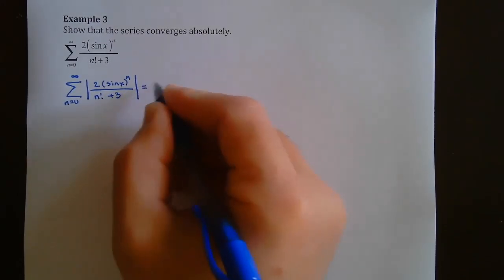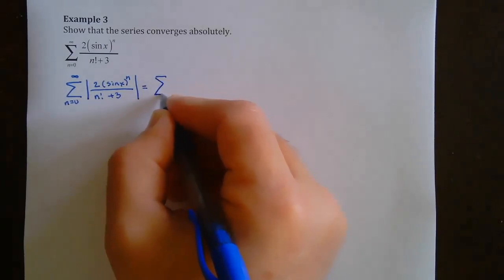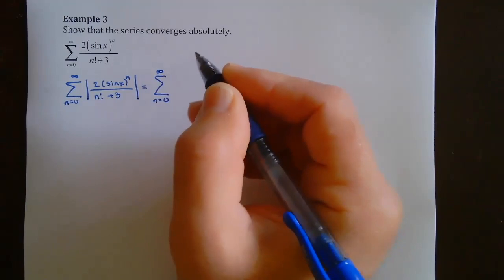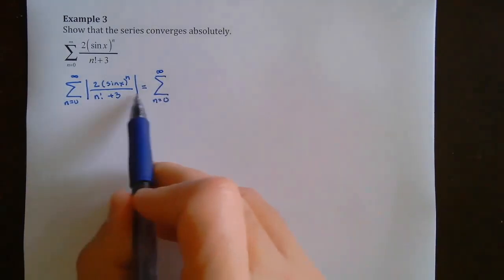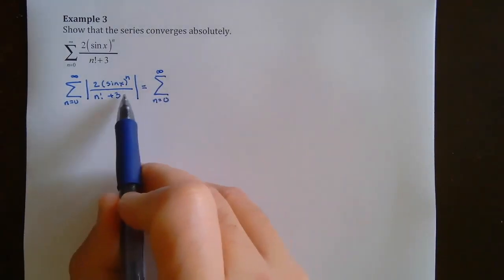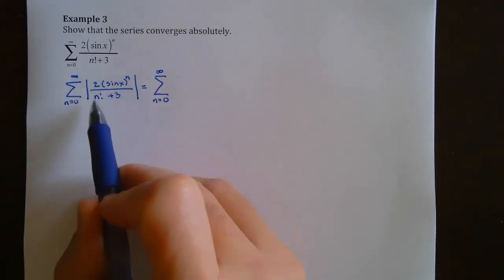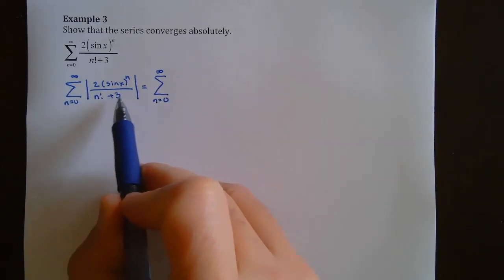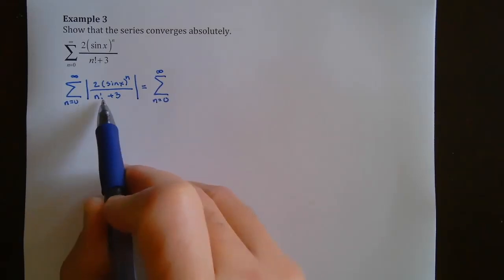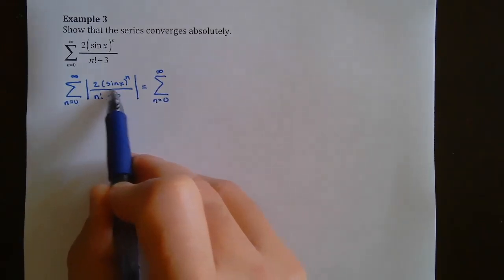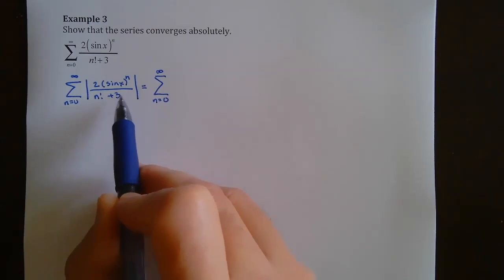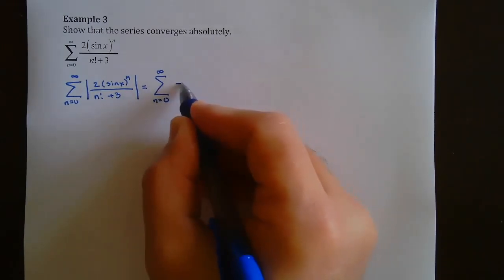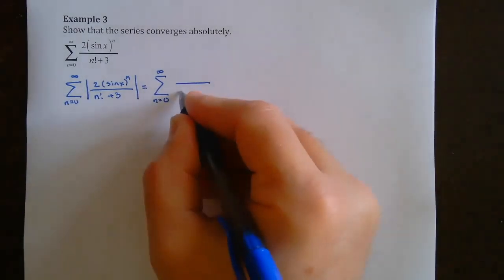Then that's equal to the sum from n equals 0 to infinity. Now when we take the absolute value of this, we take the absolute value of the numerator and the absolute value of the denominator. The absolute value of the denominator is n factorial plus 3. Well, n is starting at 0 and getting bigger and bigger, so this is always going to be positive. We really don't have to put an absolute value on the n factorial plus 3, so I'm going to write that without absolute value because we don't need it.